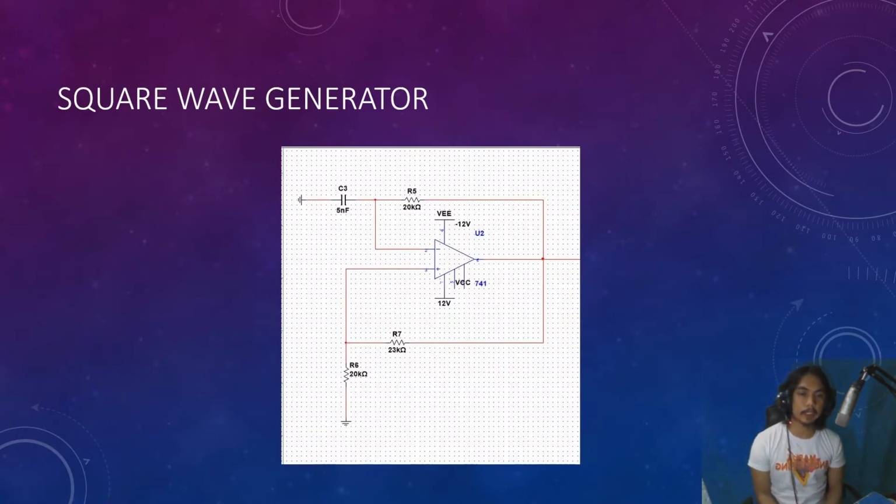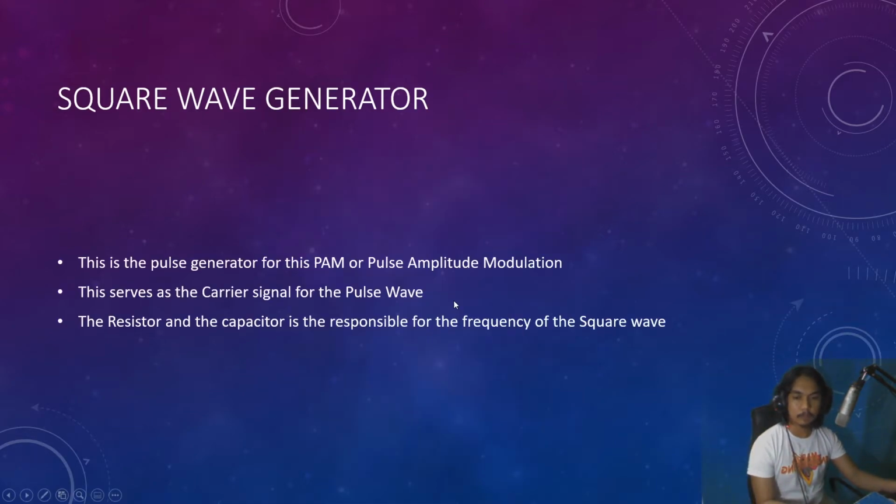So this is my square wave generator. This is the pulse generator for this PAM, or pulse amplitude modulation. It serves as the carrier signal for the pulse. The resistor and the capacitor are responsible for the frequency of the square wave.